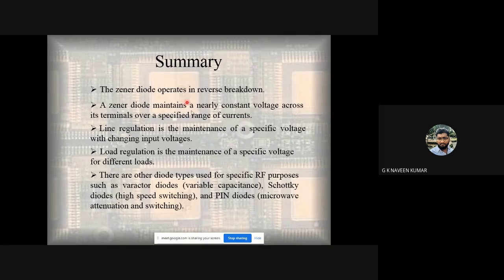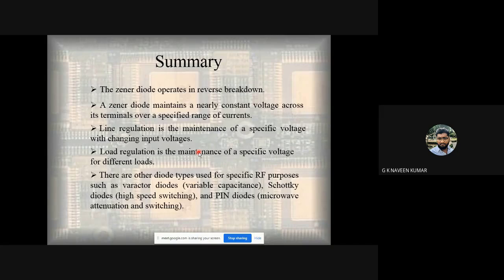Now, line regulation is the maintenance of a specific voltage with changes in the input voltage. Whatever the change in input voltage, we can keep the regulated voltage constant at a specific amount, which can be maintained with the use of a Zener diode.